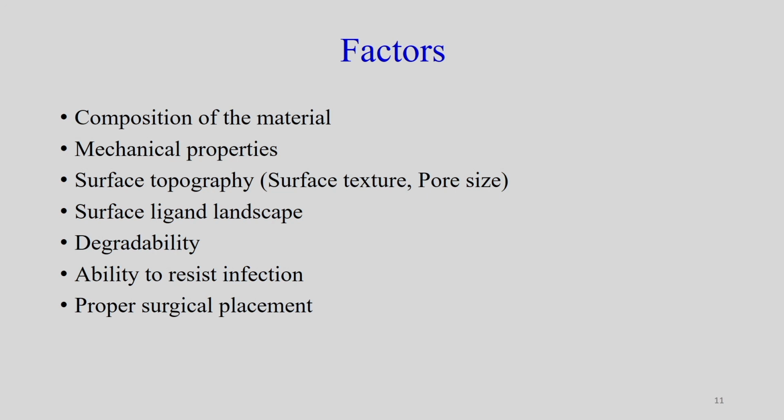Then its mechanical property, whether it is similar to that particular body part where the biomaterial implant is placed, is there any mechanical incompatibility or not. Then what is its surface texture, surface area, surface porosity, because these directly decide the contact area with proteins as well as the contact area with the cells.